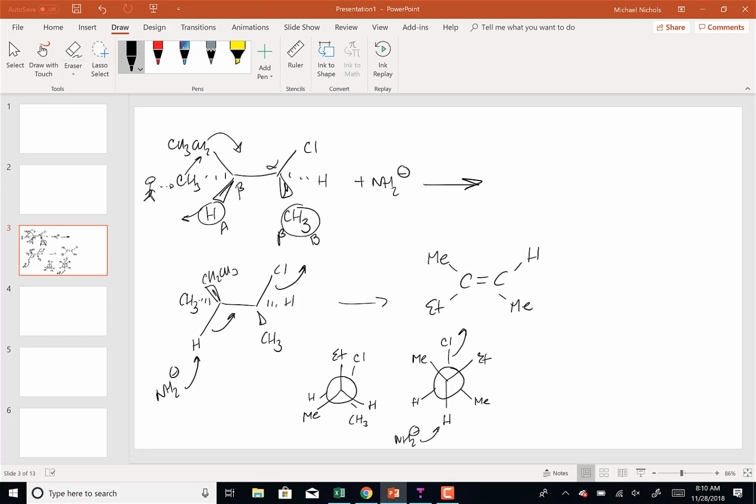So this would be the only product of the reaction. The other stereoisomer, I guess this one is Z. The E isomer would not be formed.